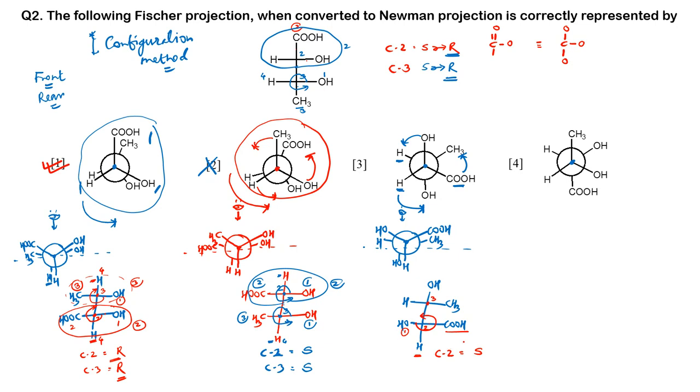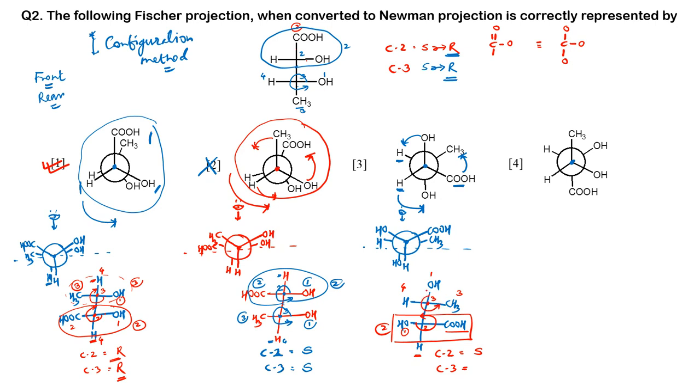In this case, since it is moving in an anti-clockwise direction, hydrogen is already away from observer, therefore it is S configured. C3 center is, first is OH, second is of course this connectivity, third one will be the CH3, fourth one will be the hydrogen. So this is the first, second and third.